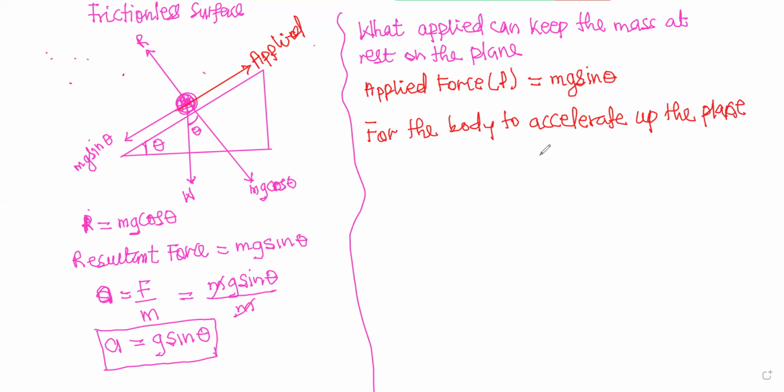What must be the relationship between the applied force and the unbalanced force? Let me call individuals to also contribute. For the body to accelerate up the inclined plane, what must be the relationship between the applied force and the unbalanced force? Yes, let me call on Pascaline and Dodo, relax for some time.